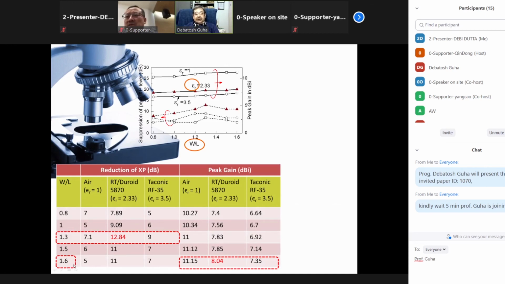That is the aspect ratio, W equal to 1.6 of L, W equal to 1.3 of L. So our final recommendation: 1.6 is good for maximum gain, but you can sacrifice a few dB of gain and have very good cross-pol separation. So 1.3 is the best one.